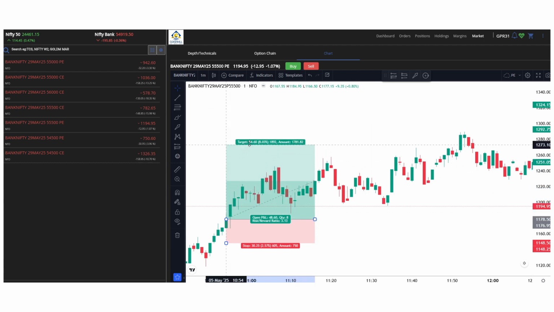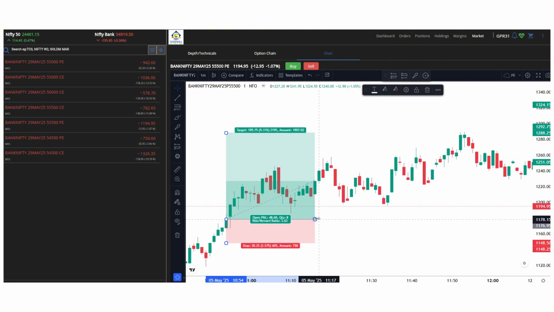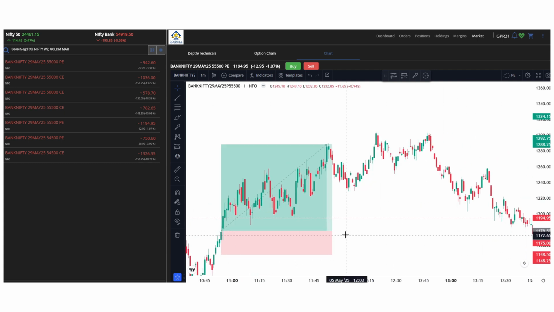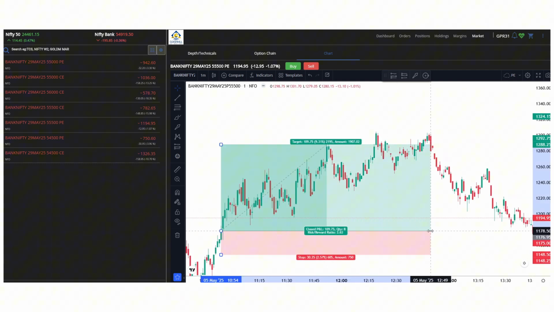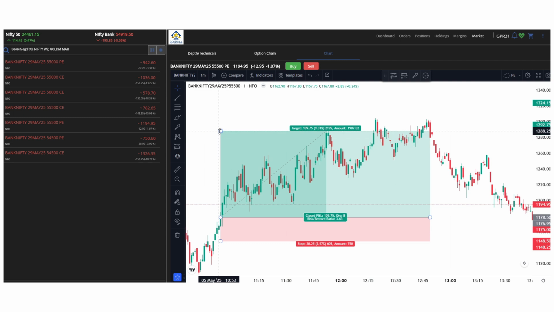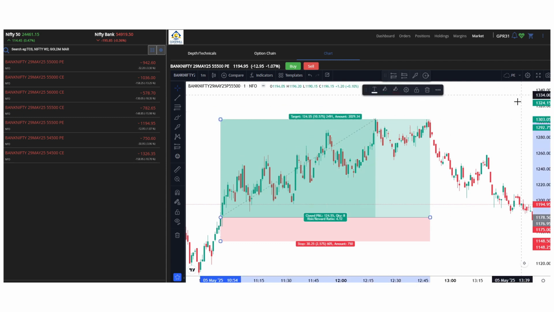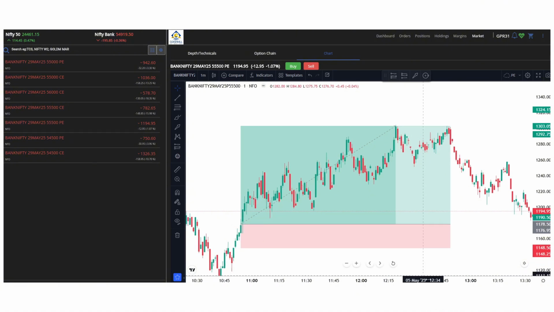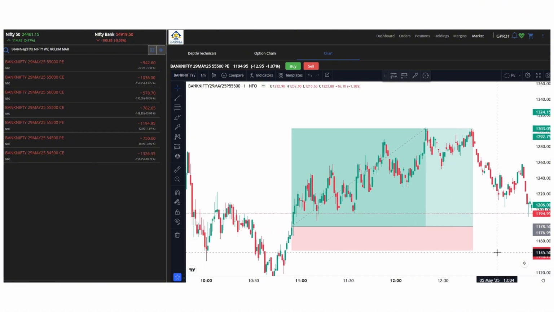But not only that, people who know how to trail their profits and handle multiple lots might have gotten one of the best trades of the day. Because if I just keep on dragging it, as you can see, in total it has given a good momentum of 124 points. Enough time for people to book their profits anywhere in between. So clearly the fifth trade has also given some excellent momentum for traders to catch.